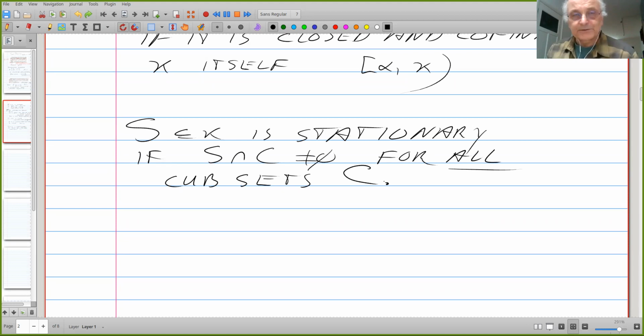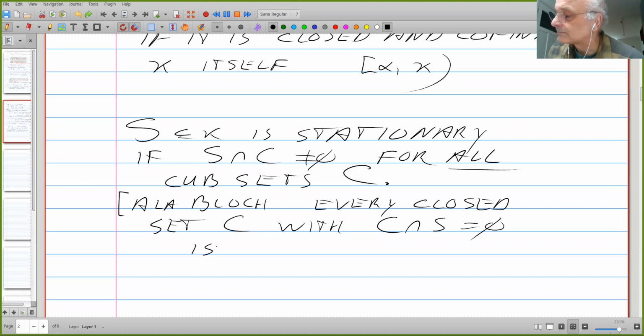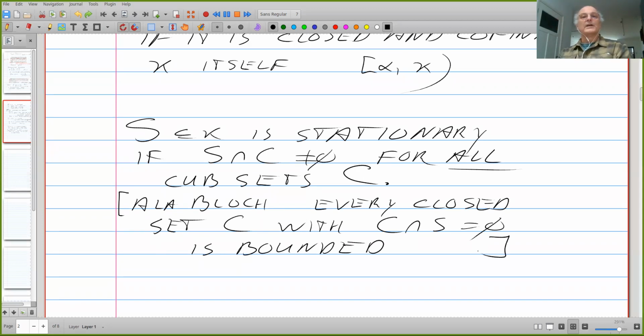So Bloch's characterization of stationary we now use as a definition. We can sort of turn this around a la Bloch, and we get every closed set that is disjoint from S has to be bounded. That is what stationary means.